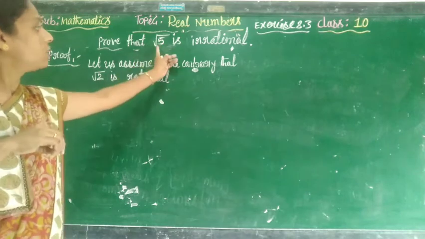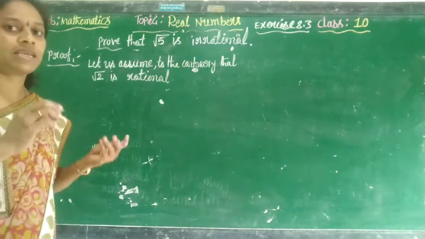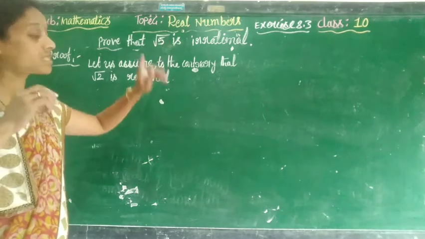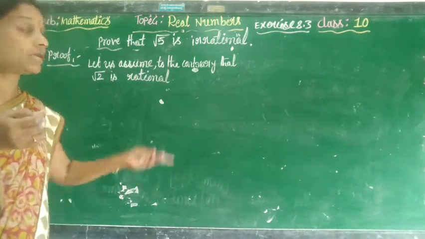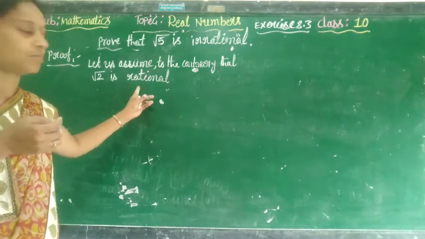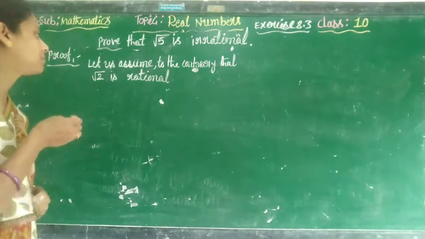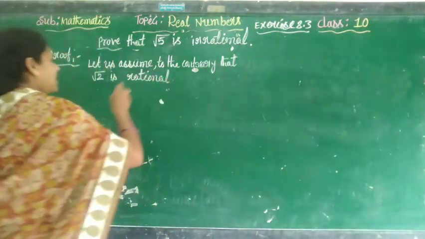First we take prove that root 5 is irrational. First we take our assumption. ಅಭಾಗಲಬ್ಧ ಸಾಧಿಸಬೇಕು ಅಂದ್ರೆ ನಾವು ಫಸ್ಟ್ ಭಾಗಲಬ್ಧವಾಗಿ ತಗೋಬೇಕು. Rational means ಭಾಗಲಬ್ಧ. Let us assume to the contrary that root 5 is rational.